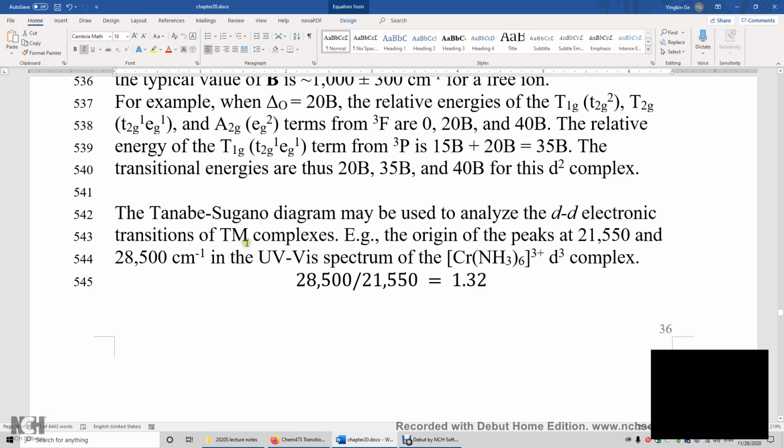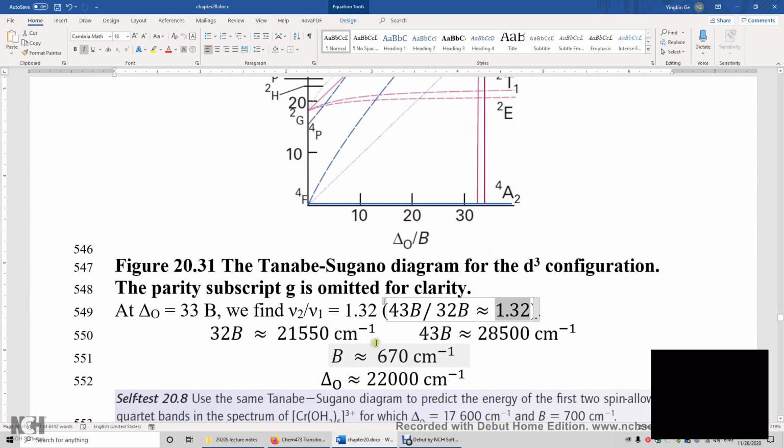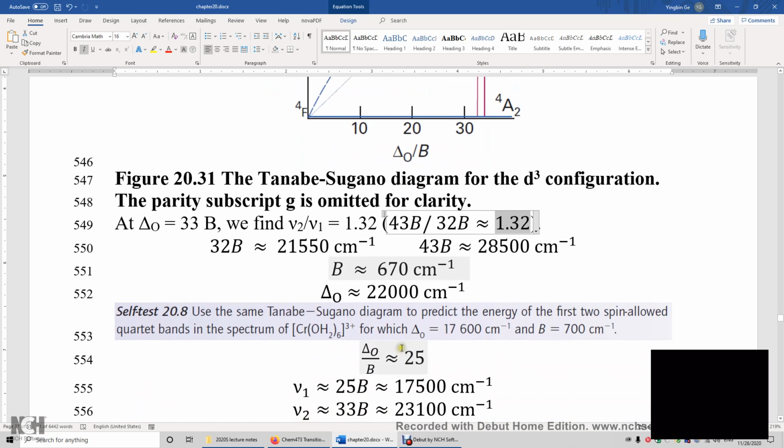So the difference is around 7,000 wave numbers, and that's approximately 15B. So you use 7,000 divided by 15 to estimate the value of B. That's roughly 500 wave numbers. Well, it's smaller than this number. But again, those are all rough estimates. Semi-quantitative analysis.